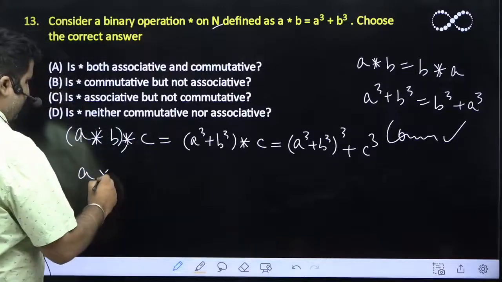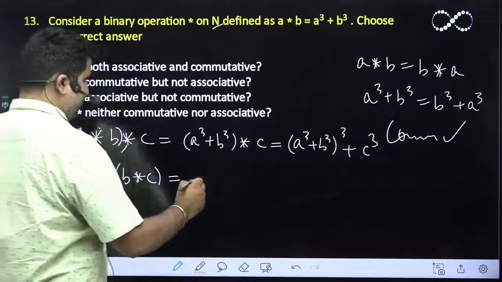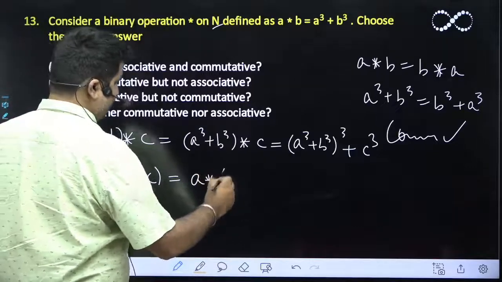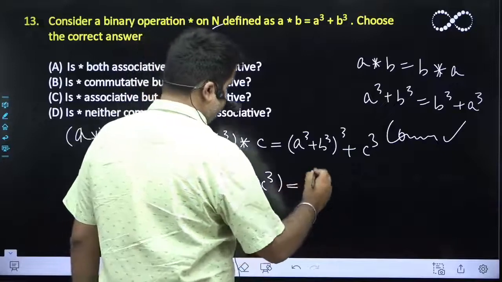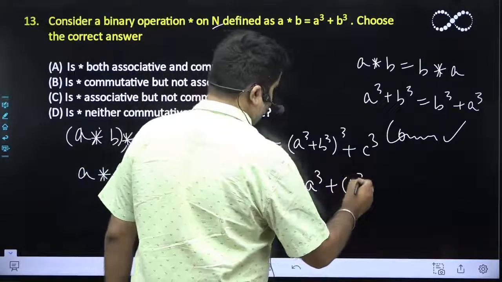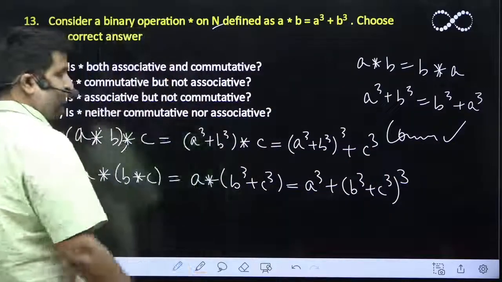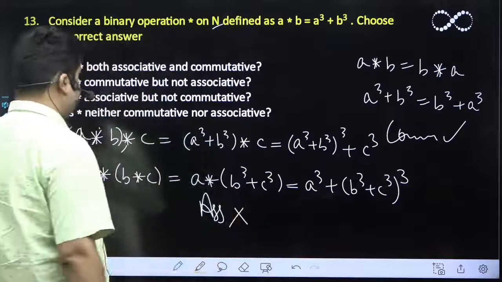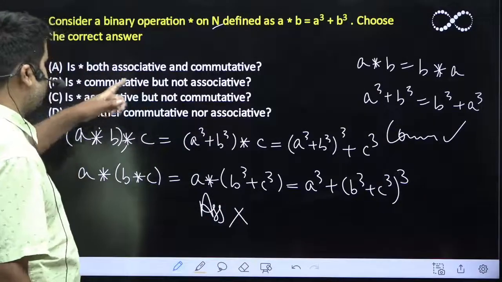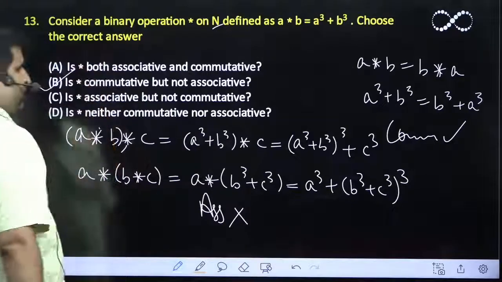What is A star B star C? This is equal to A star B cube plus C cube. This is A cube plus B cube plus C cube whole cube. So these two are not same, therefore this is not associative. So this is commutative but not associative. B part, right?